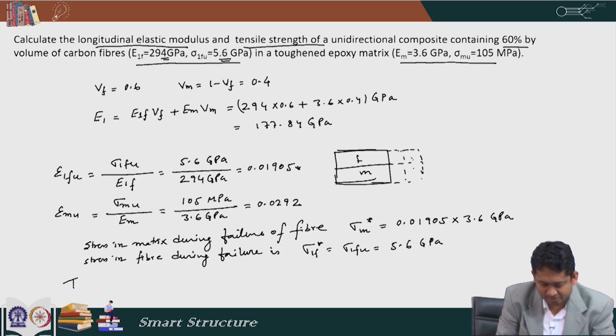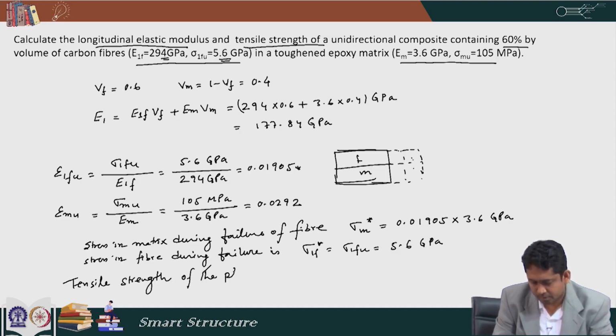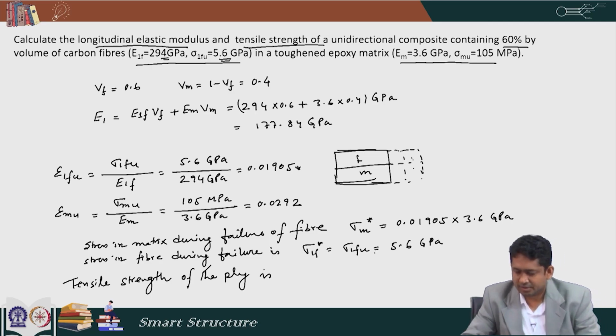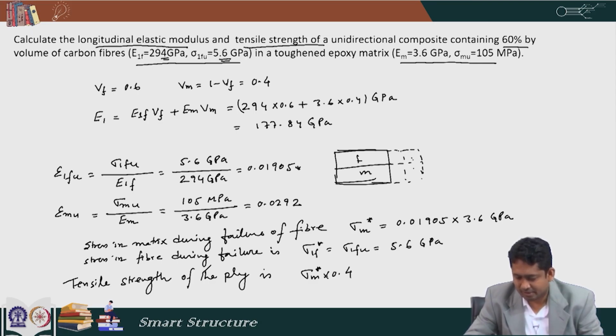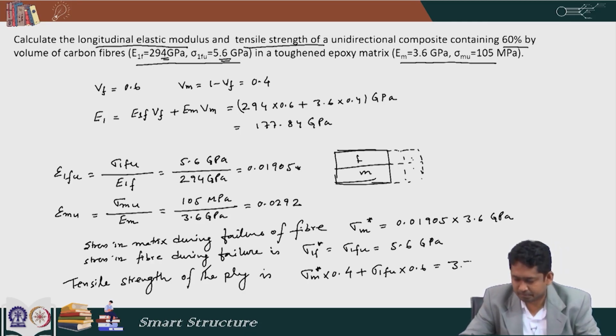So, finally, the tensile strength of the ply: the stress in the matrix is sigma m star, so its contribution to the tensile strength is just sigma m star multiplied by 0.4, and then for the fiber part we multiply by 0.6, and the final value that we get is 3.3874 gigapascal.